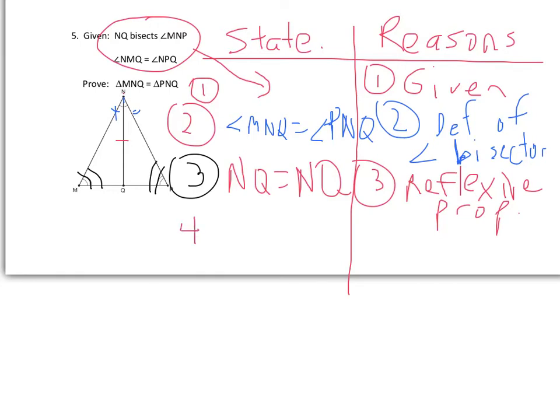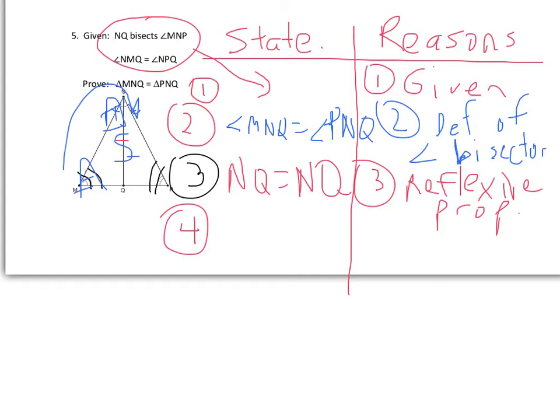Now, can we say the triangles are congruent? And if you look here, we've got angle, angle, side if I'm going this direction. Angle, angle, side.